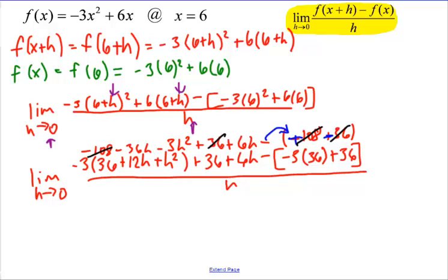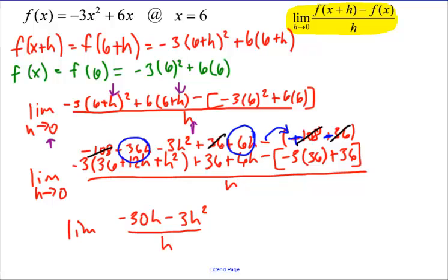The top becomes, and notice again also, here's 6h, here's negative 36h. And when you put those together, you get negative 30h minus 3h squared over h. And we want the limit as h goes to 0.